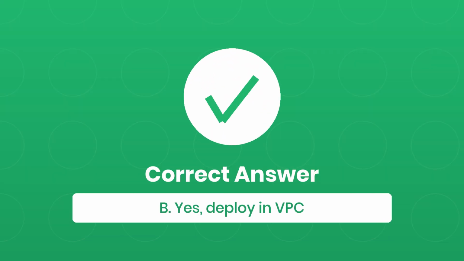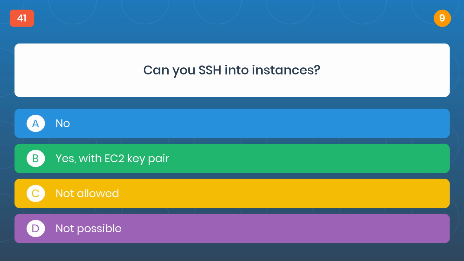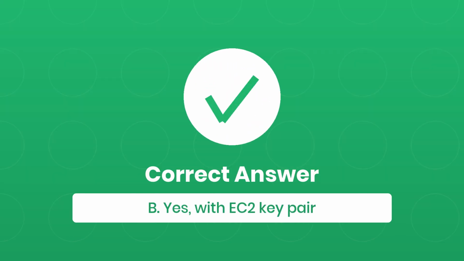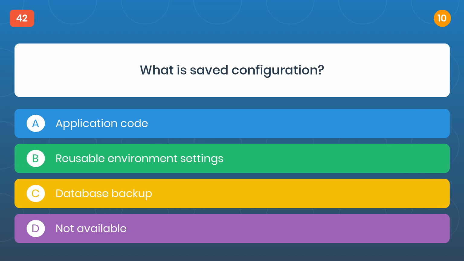The correct answer is B, yes, deploy in VPC. Question 41. Can you SSH into instances? The correct answer is B, yes, with EC2 key pair.